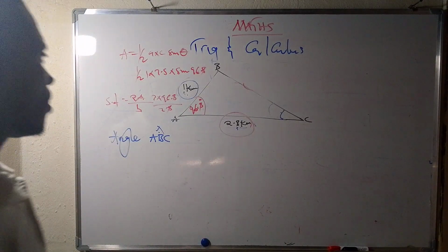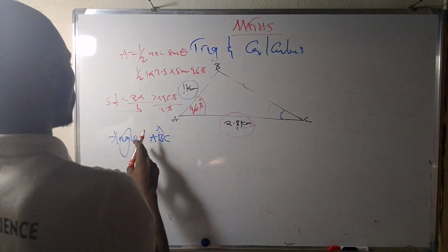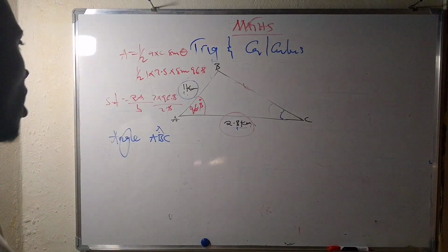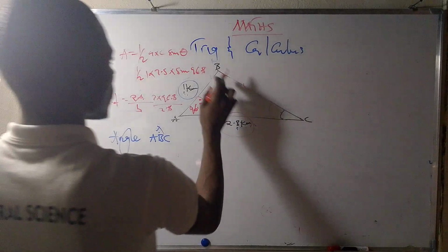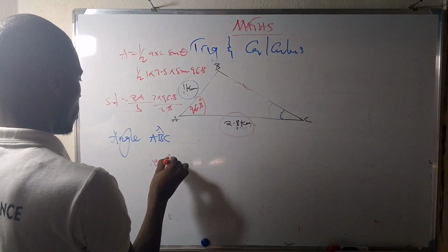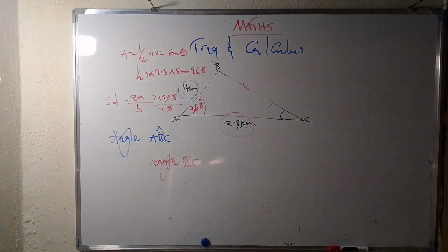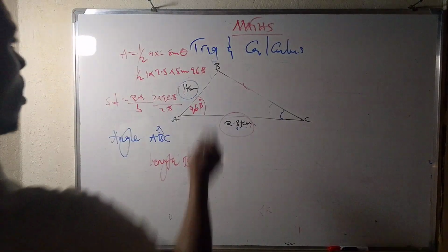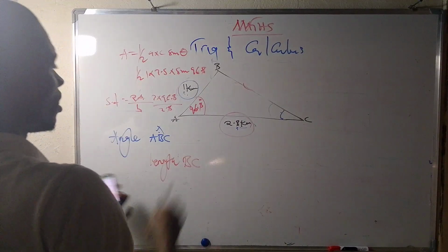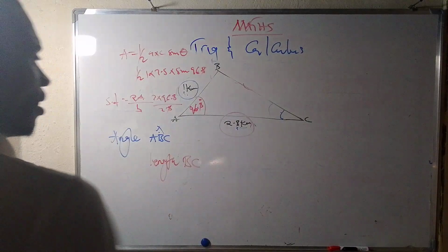Then if they ask me to find, let's say, the length BC, so since I have this angle and it has two sides, I have this angle and two sides.